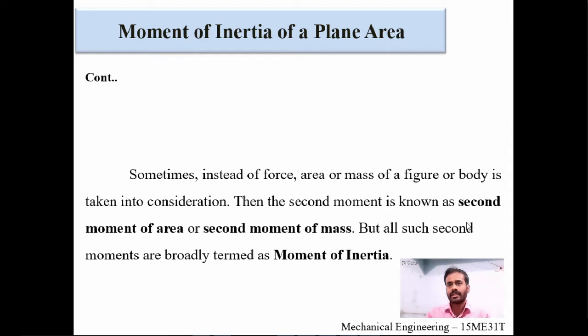So, we will take area or the mass. Then the second moment is known as second moment of area. So, when you consider area, it becomes a second moment of area or second moment of mass. But all such second moments are broadly termed as moment of inertia.